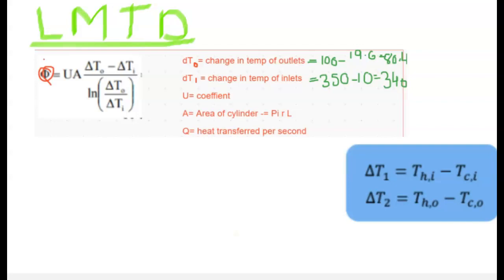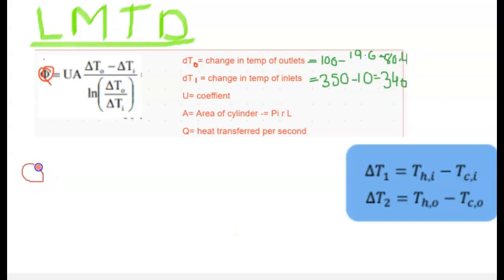the length, what we're going to do is actually find the A, rearranging the formula for the A. When I rearrange the formula for the A, everything from here will go on the other side.